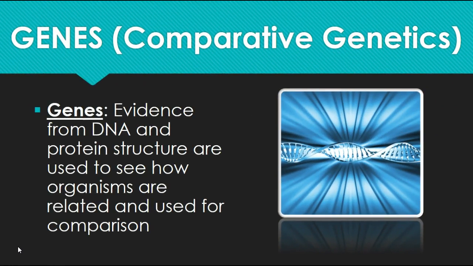And the next evidence is genes or comparative genetics. And this is an actual field of study in science. Through this, evidence from DNA and protein structure are used to see how organisms are related and then used for comparison. You'll remember from our unit on DNA and genetics that DNA is made of sequences of base pairs.